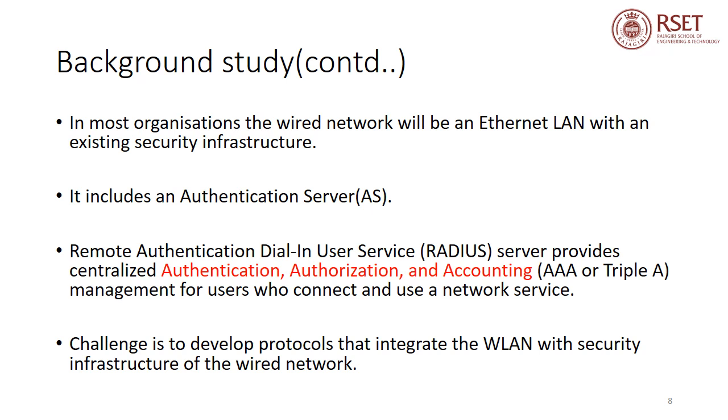Then there will be a Remote Authentication Dial-In User Service, or RADIUS server, which provides authentication, authorization and accounting activities for users who are connecting to the network. The main challenge here is to develop protocols which can integrate the wireless LAN with the security infrastructures that are already available for wired networks.